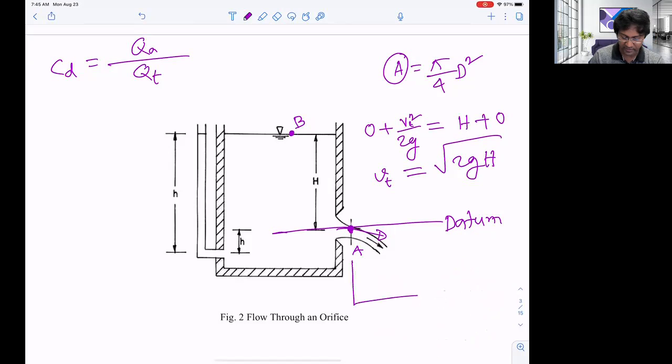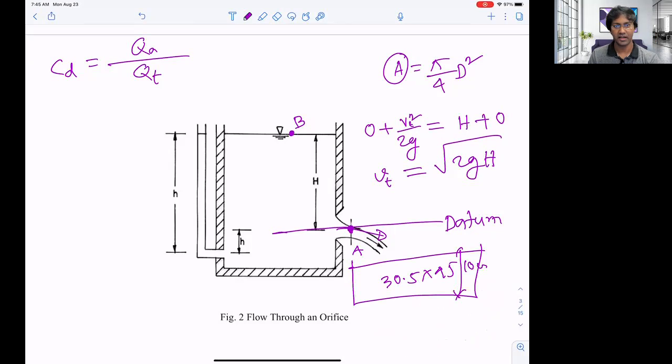So here we have a tank. We know the size, 30.5 by 45 centimeters. Then we'll allow 10 centimeters of water. Then we'll have the volume, and we'll measure how much time it takes to reach a depth of 10 centimeters for this 30.5 by 45 size of the tank.